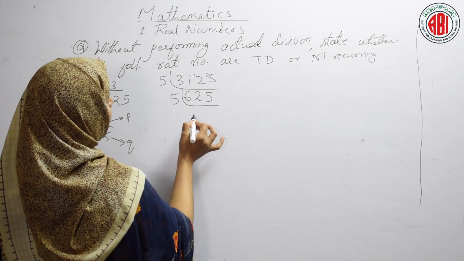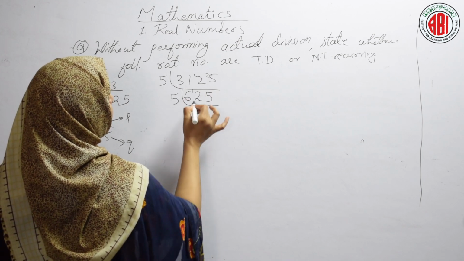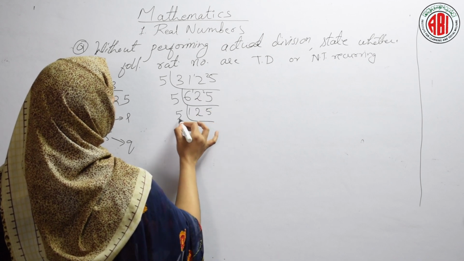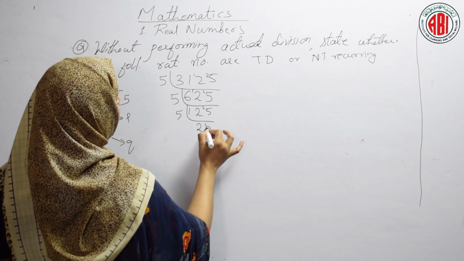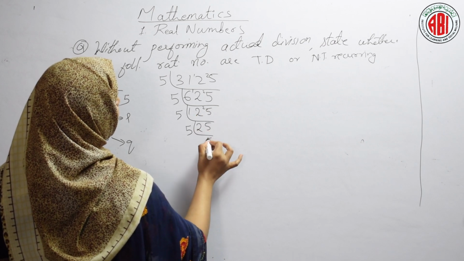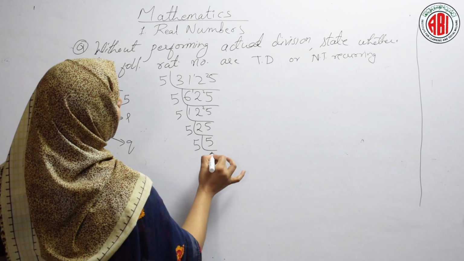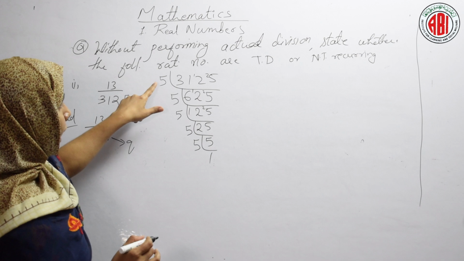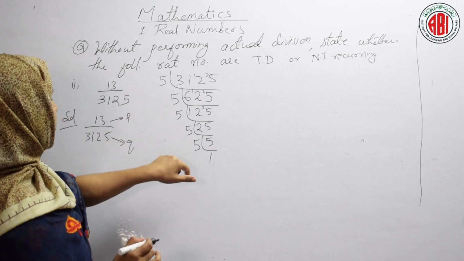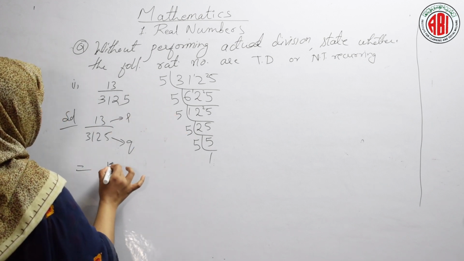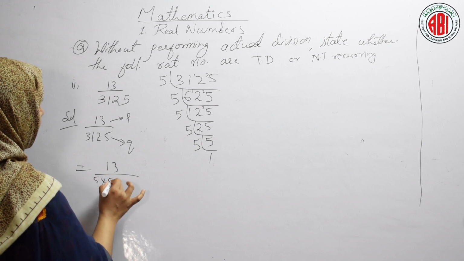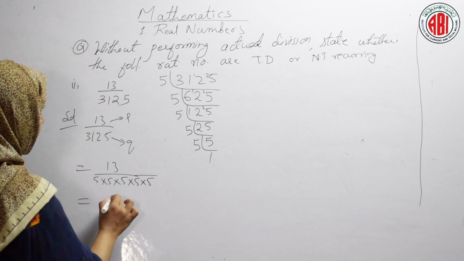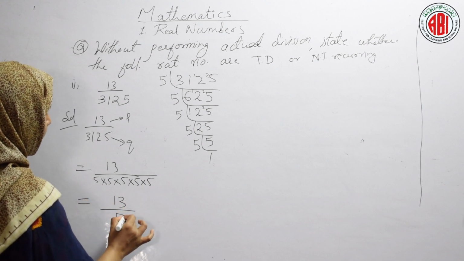Again we can divide this by 5, and again, until we reach 1. So 3125 we can write as 5 into 5 into 5 into 5 into 5. How many times is it coming? 5 times. So this is 13 by 5 to the power 5.